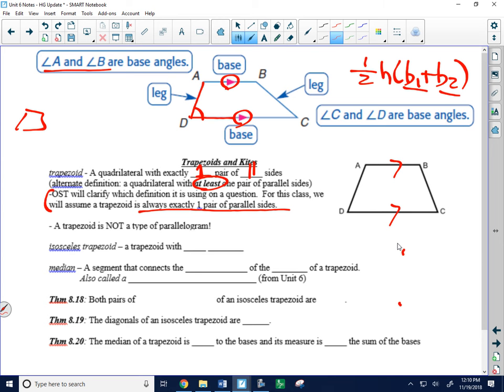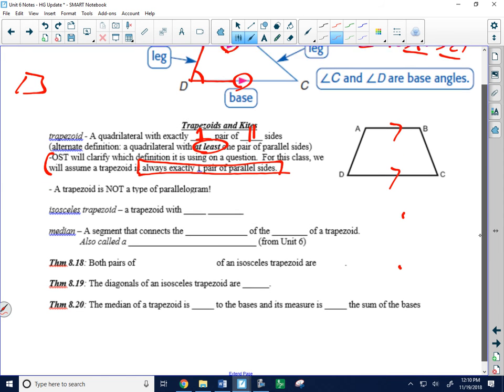They want to say there's two definitions. No, the best definition is this, and this is all we're going to use: exactly one pair of parallel sides. Because then the shape with two sets of parallel sides is a parallelogram. I know, it's kind of silly.